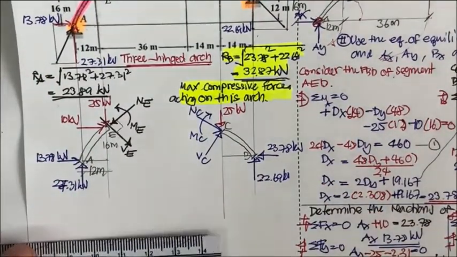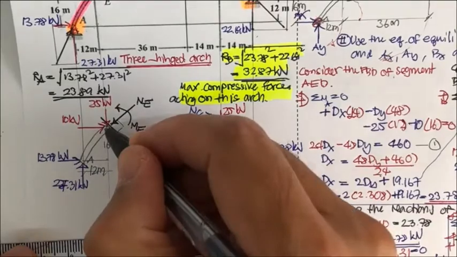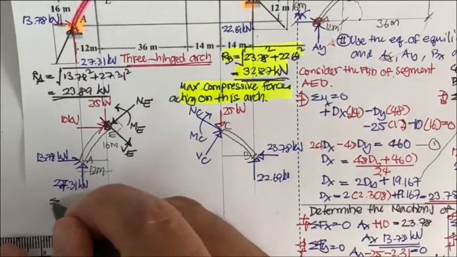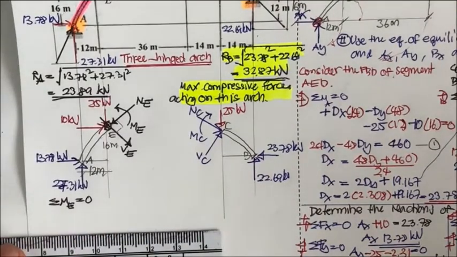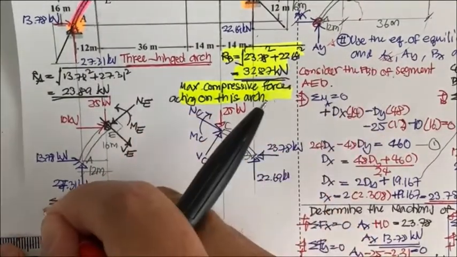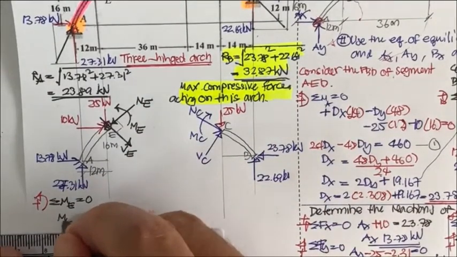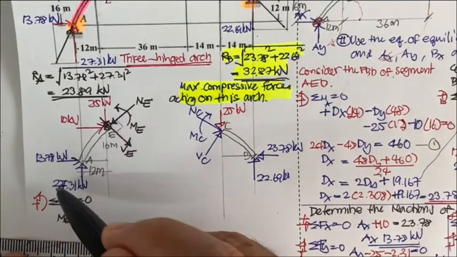Okay, let's consider this one first. To determine the M sub E, we have to take the moment at this point to eliminate all the forces here. So summation of moment at E equal to 0, and let this direction be positive. So M sub E is going to be, M sub E rotates like this.